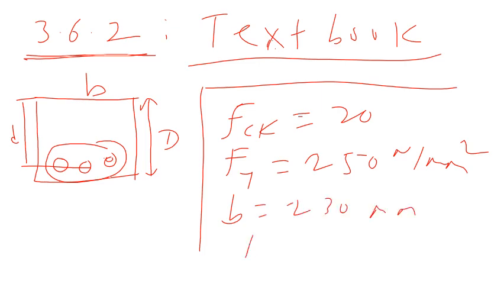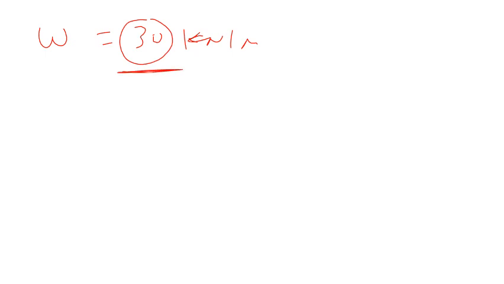L, the span of the beam, is given as 4.5 meter, and one more thing is given, that is small w, or W total, 30 kilonewton per meter, and this is inclusive of the self weight, so we don't need to add the self weight again in this quantity. And the load factor LF is given as 1.5.